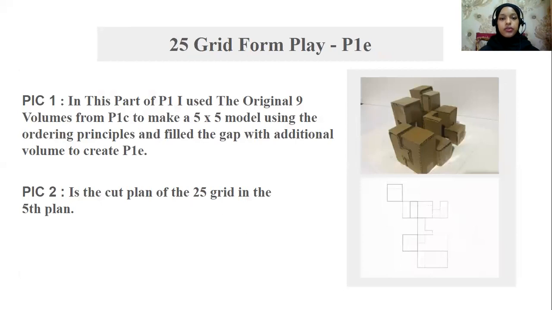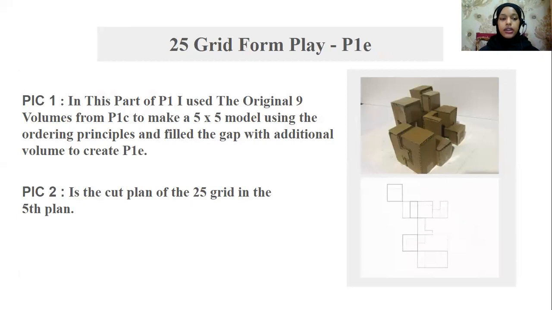Going to the 25 grid form play or project 1E, in the pictures you can see the volumes and the drawing of the cut plan. These volumes started with the original 9 volumes, which I created using the method of the planes and lines.